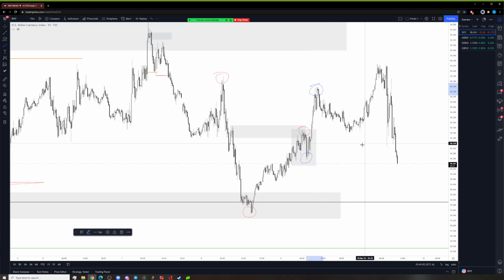Hence why you can take the continuation here, internal break, invalidation. If you want to take this position, aim for previous liquidity, that is a way to approach an intraday perspective.